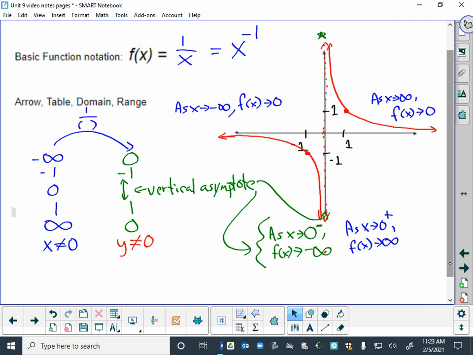So we've got restricted domain and restricted range. If you think back to the first unit of this chapter, we talked about domain and range, and we should be able to look at that picture and see that those are the restrictions that are in place here.